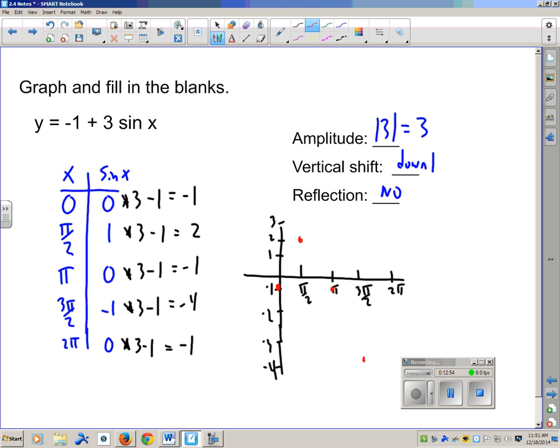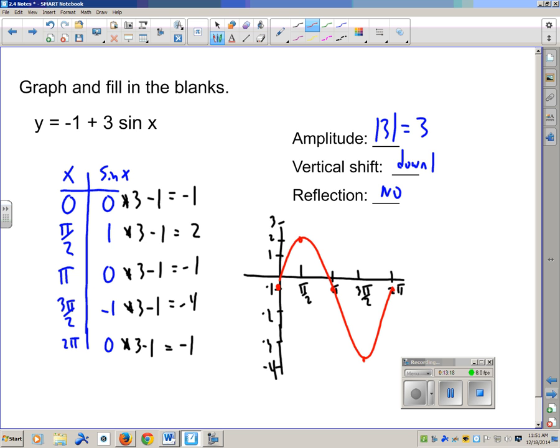And then at 2 pi, normally you're supposed to be here at 0. Multiply that by 3, I'm still there at 0, and subtract 1 or bring it down 1, and we're there. So now I can just simply connect my points there. So there it is.